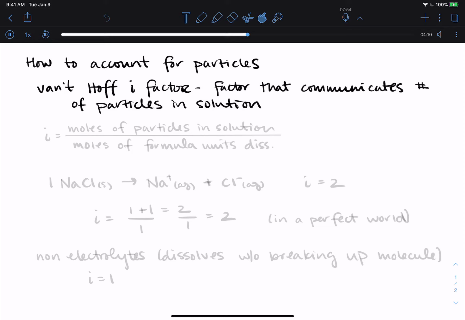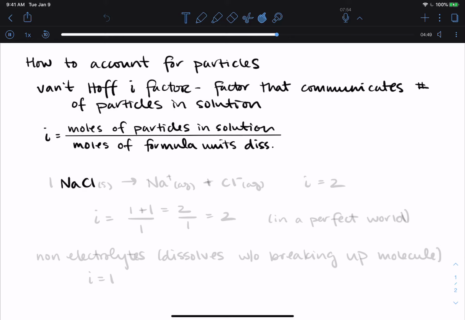So the equation for the Van't Hoff i factor is the moles of particles in solution divided by the moles of formula units dissolved. Now that's a lot, but like I said, you would be able to figure this out on your own.